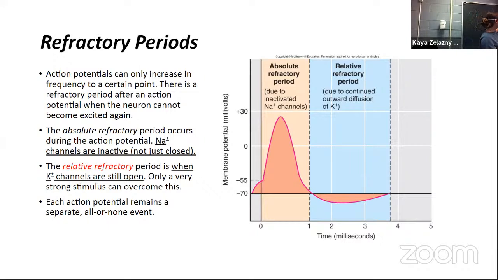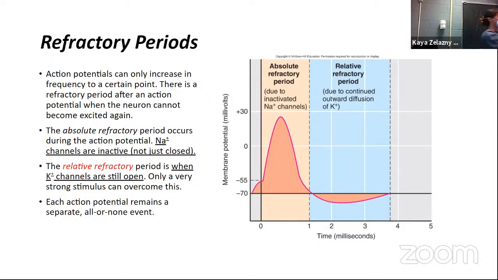Our threshold doesn't differ during the relative refractory period, but how far away we are from threshold does differ. Which is to say that the relative refractory period is basically the after-hyperpolarization, right? So imagine you had to get from negative 85 to negative 55.